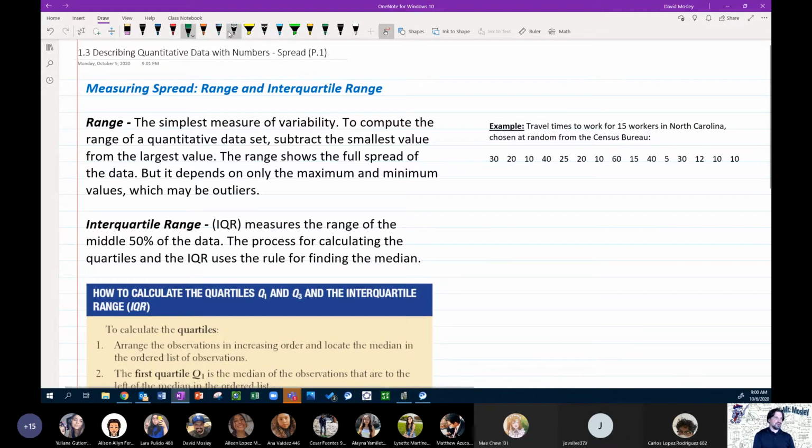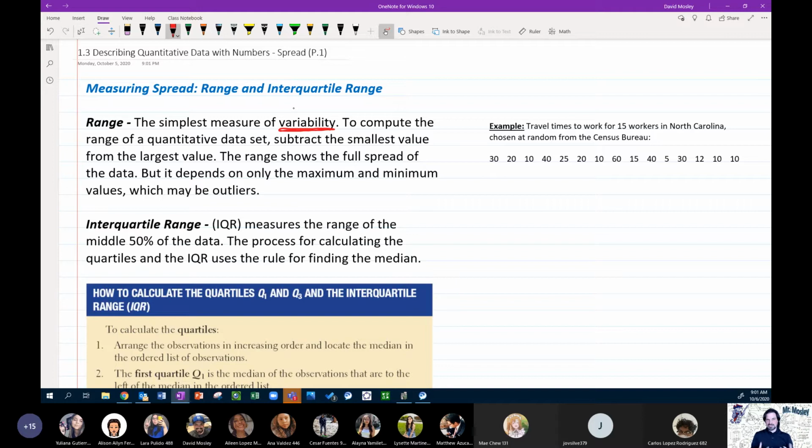And I want to point out the word variability, because when we're talking about spread, that's what we're really talking about. How much variance does our data have? What's the spread? What's the range? How much does it vary from one end to the other? So we can call that variability. You might see in questions, they might ask, what's the variability of this data? instead of asking, what's the range?